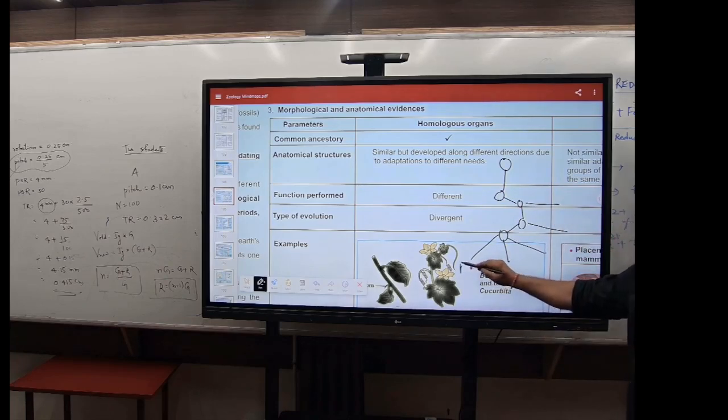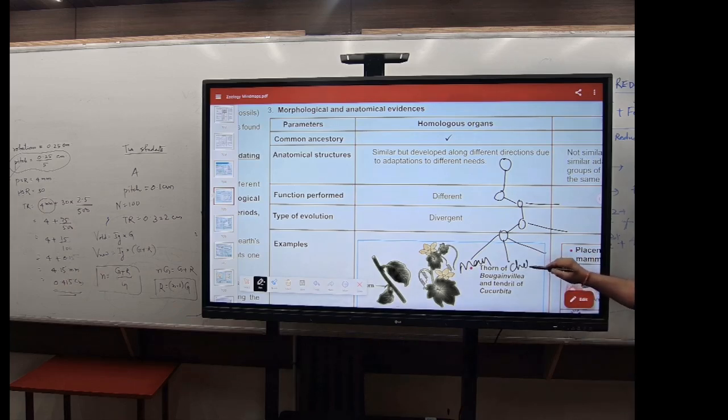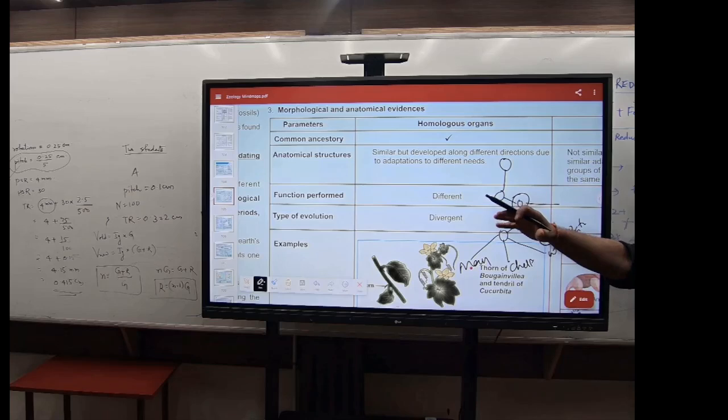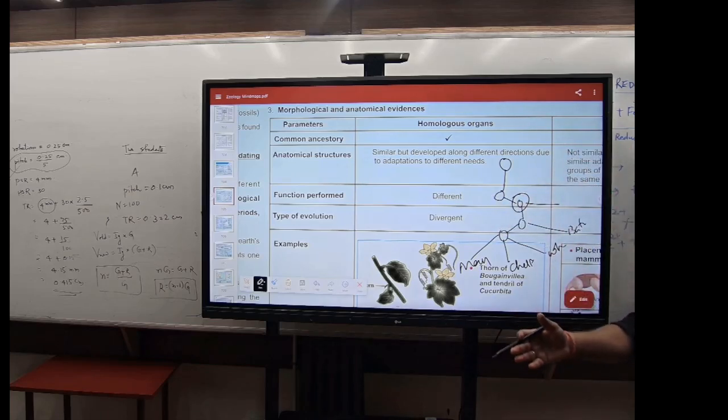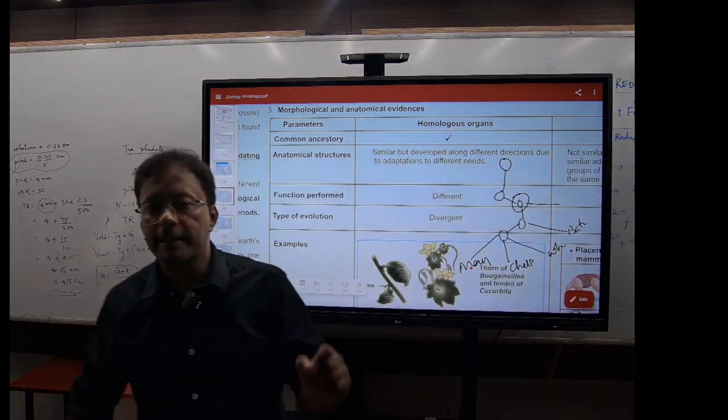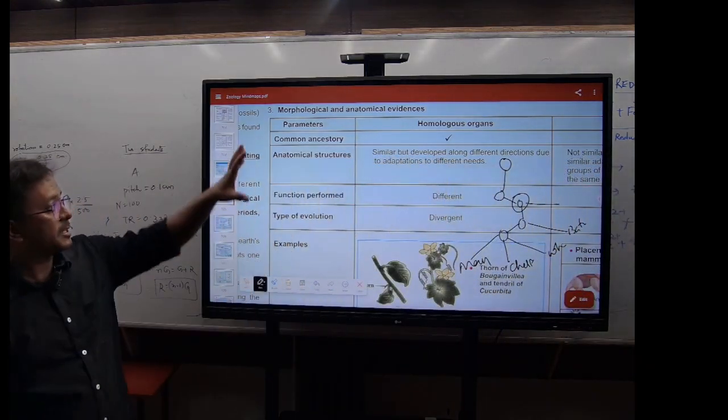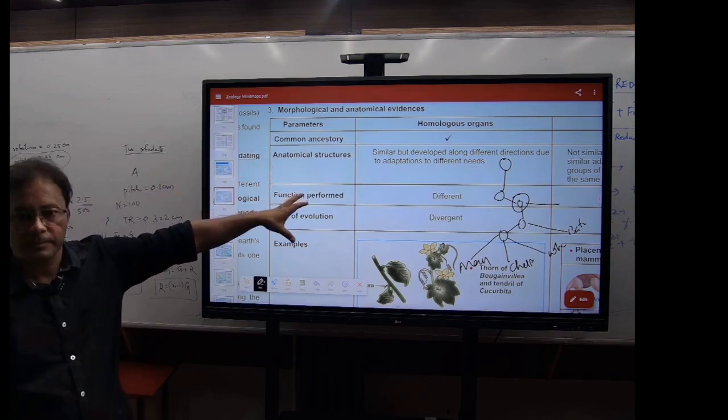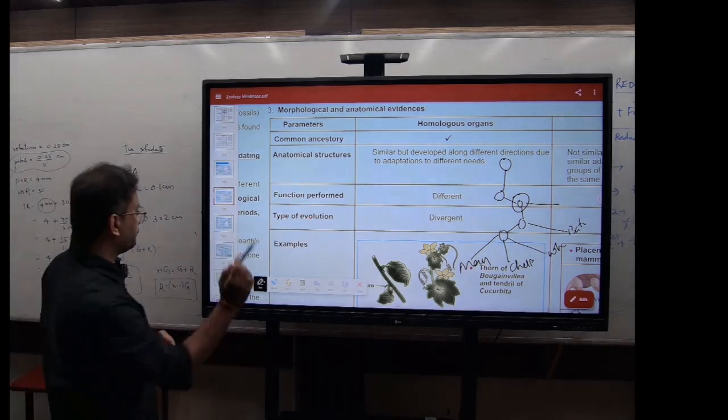Let's say this became the humans, this became the cheetah, like this, whales, bats. The ancestor of all these species had the same anatomy, but as they moved to different habitats, the functions of those organs have changed. This is called homology. And these are the homologous organs which are the result of divergent evolution and suggest the common ancestry. Are you clear? Right?